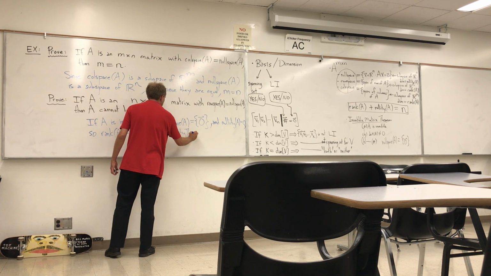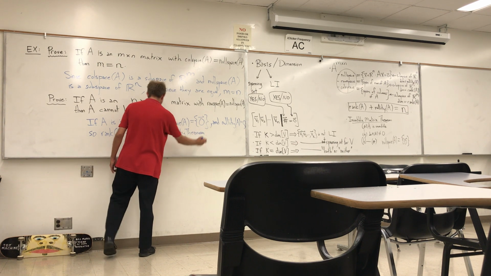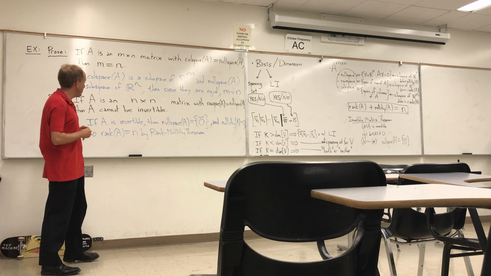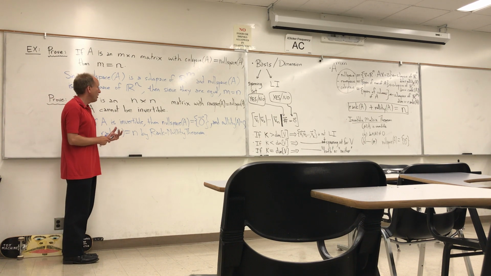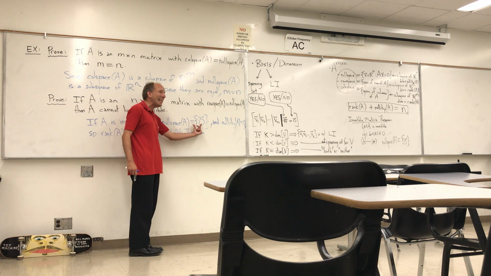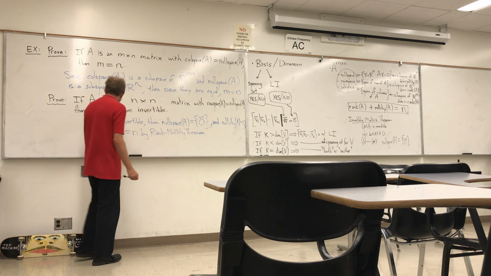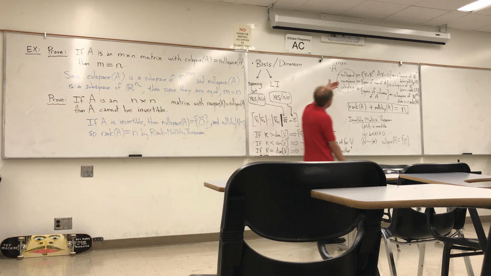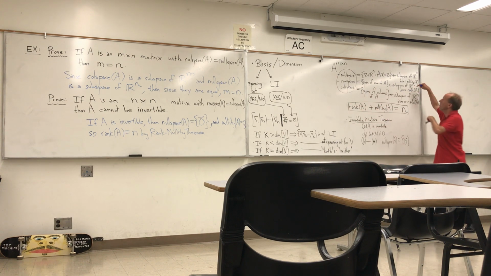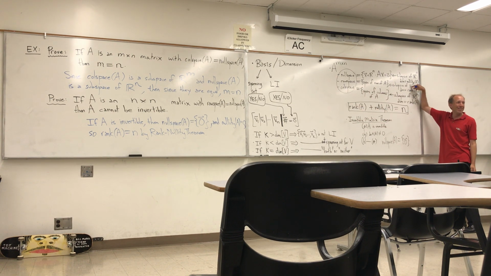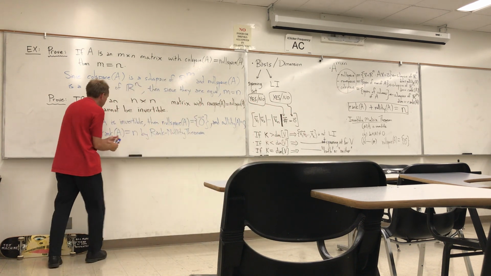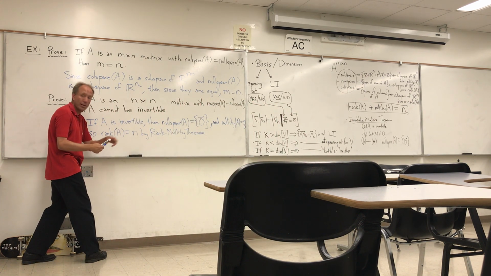So this isn't looking very good, because if A was invertible, now we're saying the null space is tiny, but the rank is huge. The rank is, of course, the dimension of the row space. So we're saying that this is the size of the row space, right?